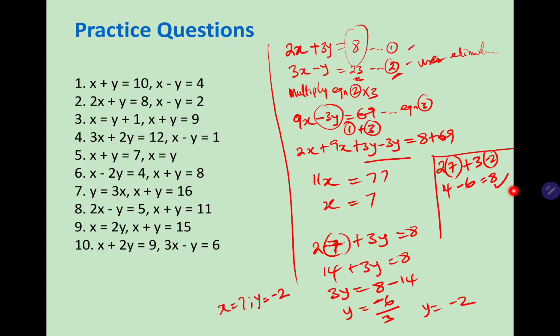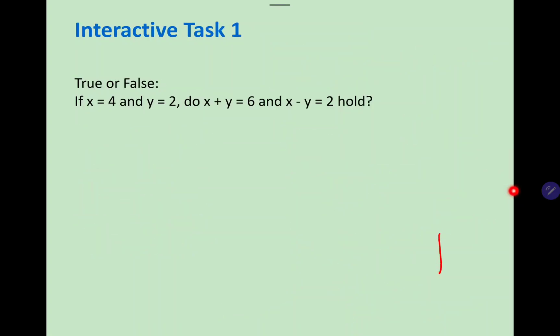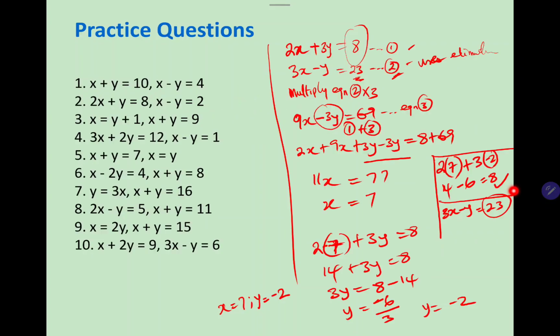Satisfies the first equation. Then we'll check for the second equation to see if it satisfies it. 3x minus y is equals to 23. So let's see if the same values will satisfy the second equation. All right, so 3x is what? 3 times 7 minus y is what?